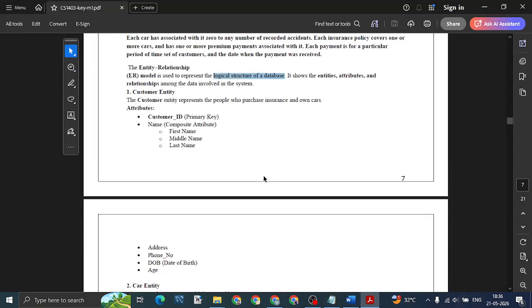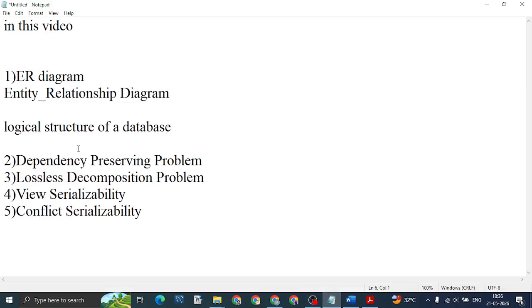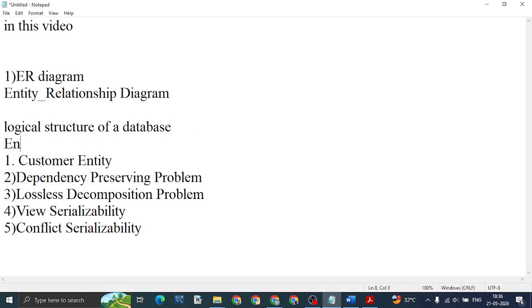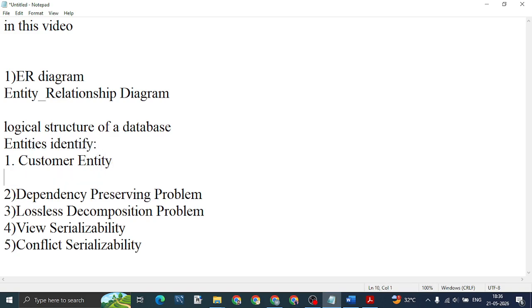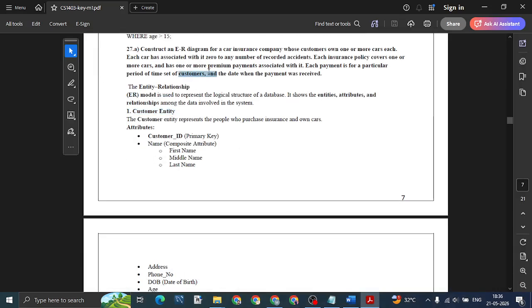First you have to identify the entities. So what is the first entity? It is the customer entity. Any car must be owned by some customer only, right? So the very first entity is the customer entity, and this customer entity may have attributes.